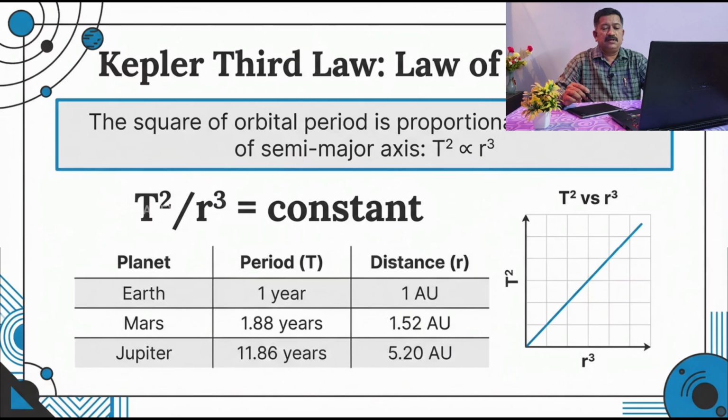Next, the third one, that is Kepler's third law. The third law is called the law of periods. So when the law of periods is concerned, the square of the orbital period is proportional to the cube of the semi-major axis.